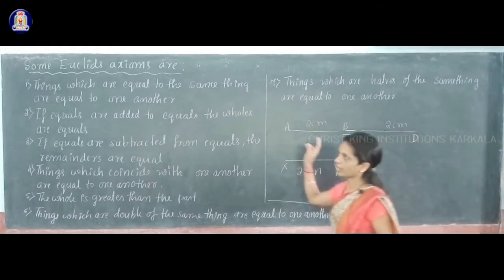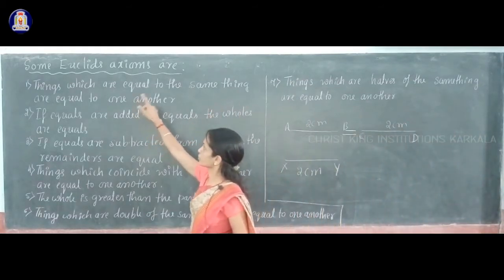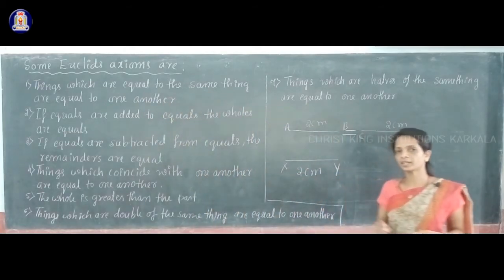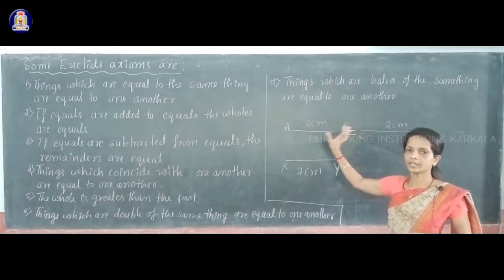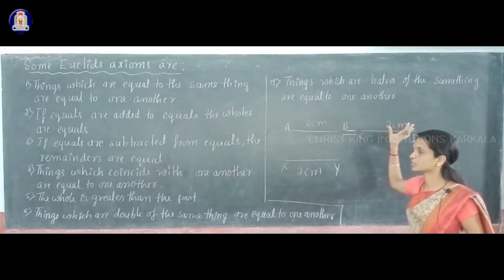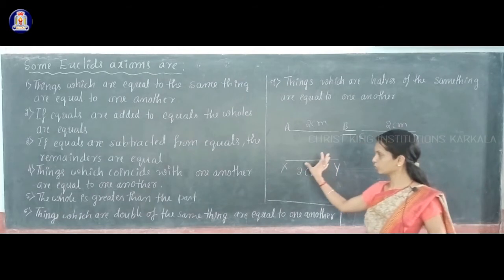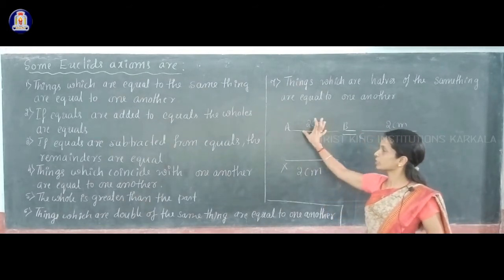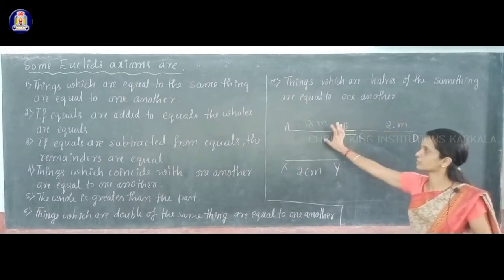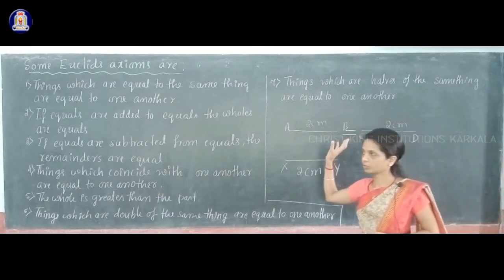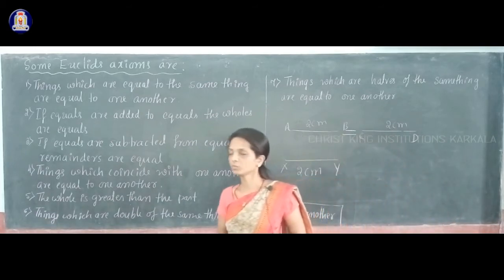So that is axiom 1: things which are equal to the same thing are equal to one another. Here we took two line segments AB and CD which are equal to the same line segment XY, so now you can see that AB and CD are equal to one another.